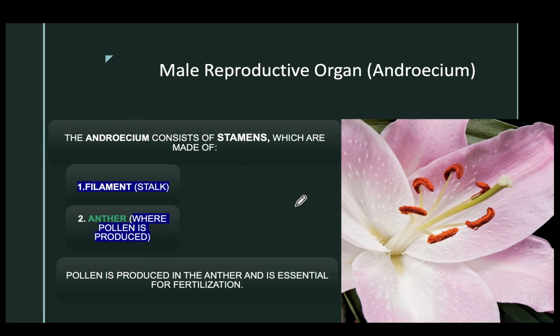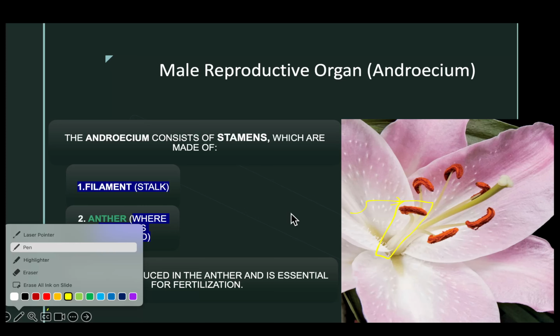Now, what are the other structures present in the male reproductive unit of the flower? Think about it. Look at the structure first. When we closely observe this structure, we can see two different types of structure present here, right?